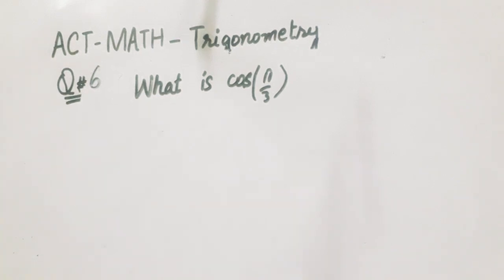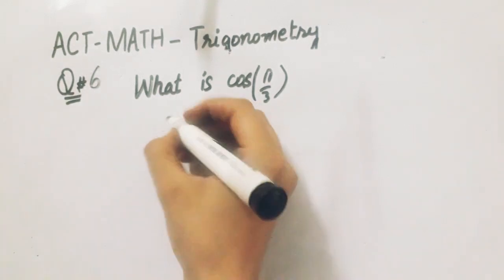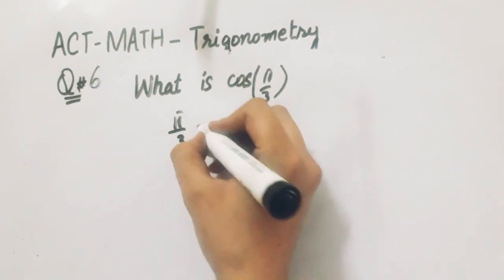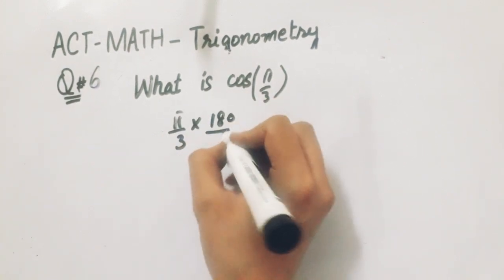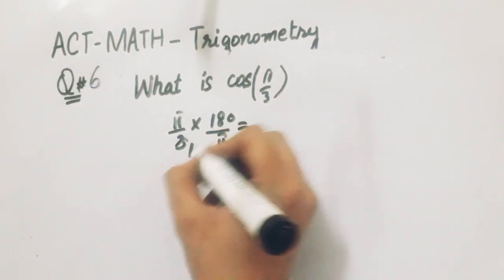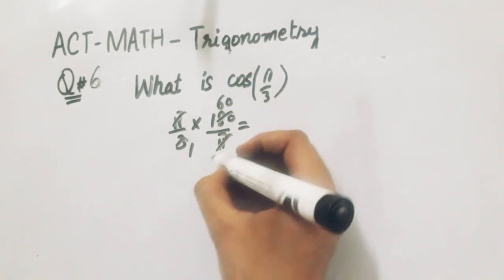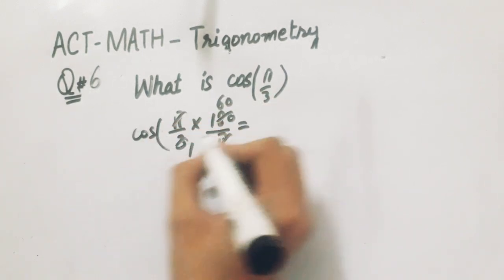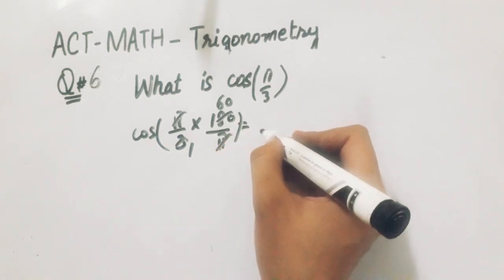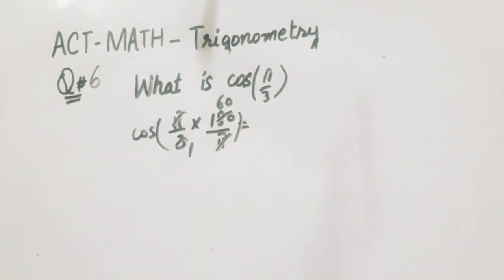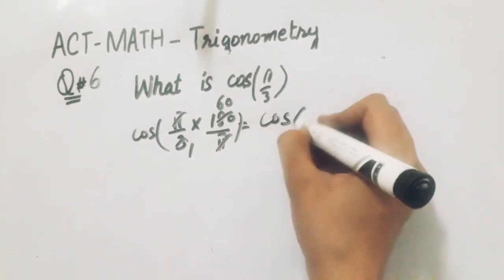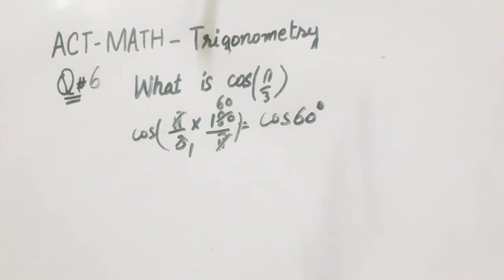So we will multiply by 180 by pi, so this is equal to cos 60 degree.